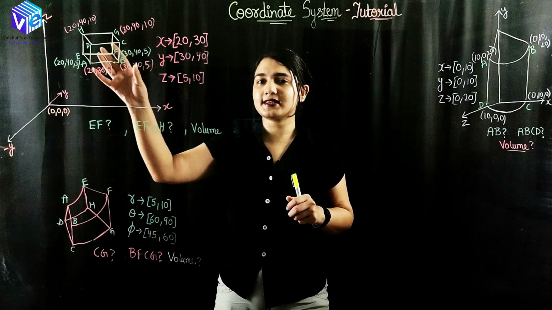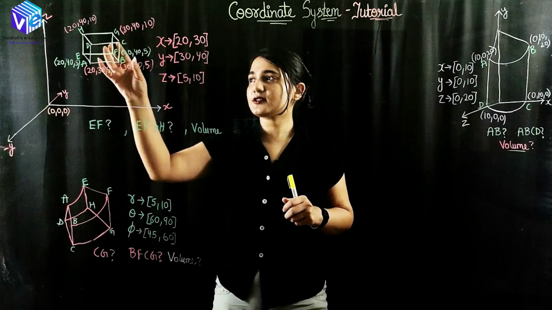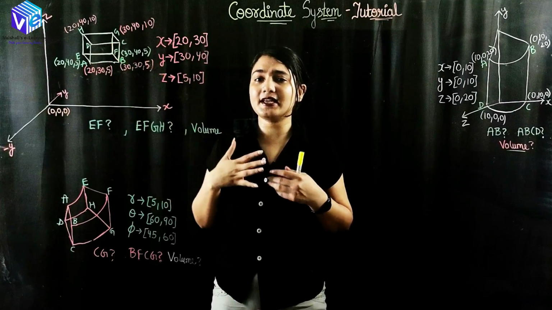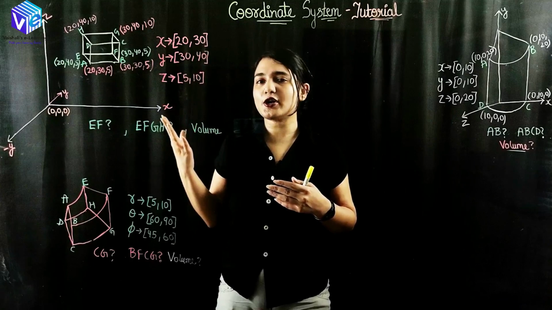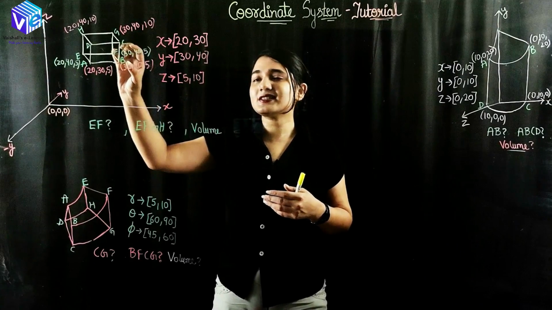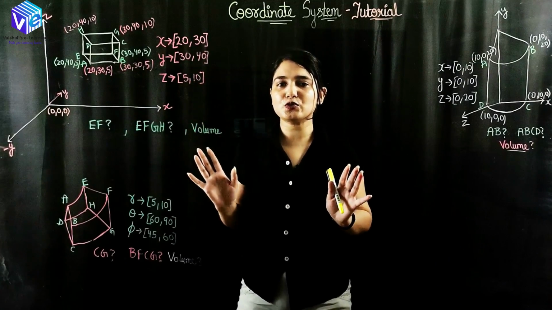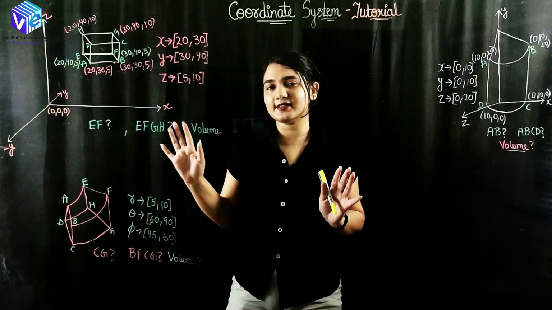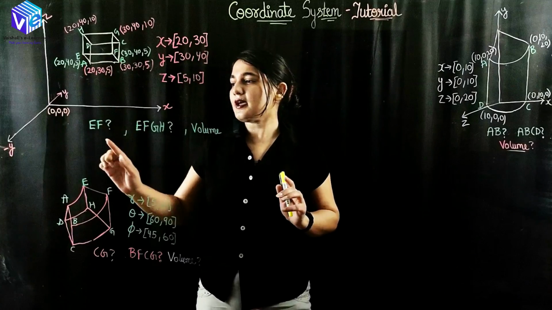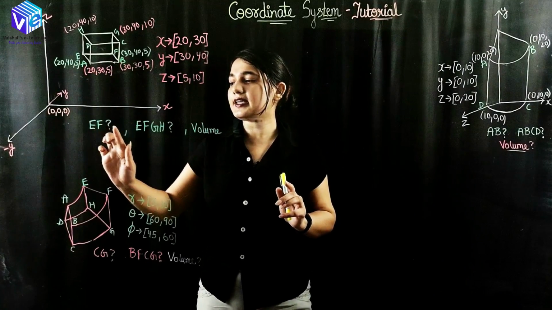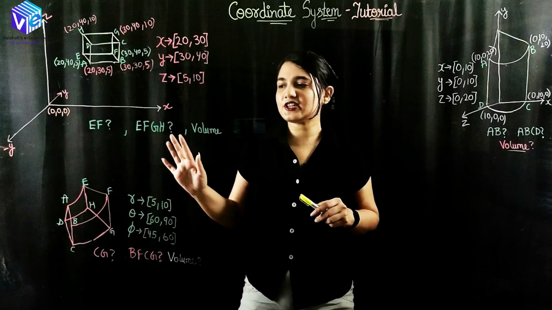Okay, so here you can see, it has square symmetry, so here I can easily use the Cartesian coordinate system. This is a rectangular type of object and there is no need to use the cylindrical or spherical coordinate system. Now here we have to find out EF. EF is the differential length.